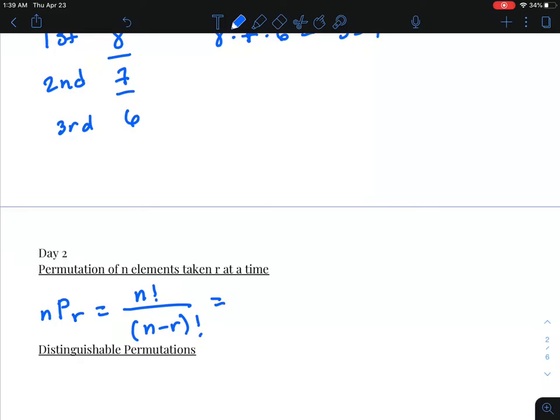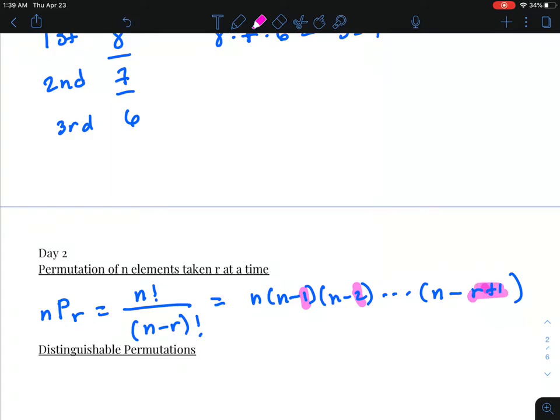Expanded out, that's n times n minus 1, n minus 2, down to n minus r plus 1. As you notice, that r plus 1 part keeps increasing. So here r is 1, r plus 1 gives us 2, and so on. That's the part that fills that out.